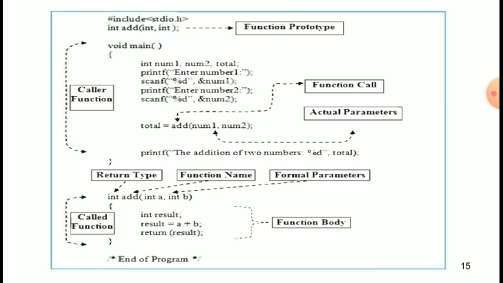Then the return type, so int; the function name is add and the formal parameters are int a, int b, and then the called function: int result equals a plus b, return result. So that is the function body and the end of the program.